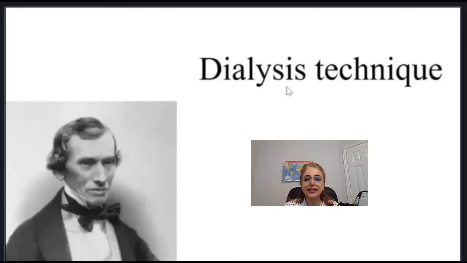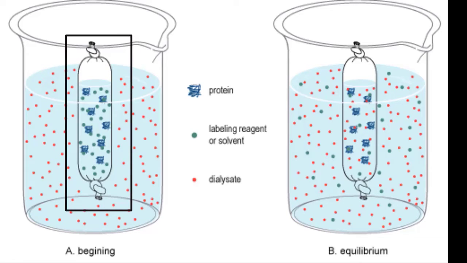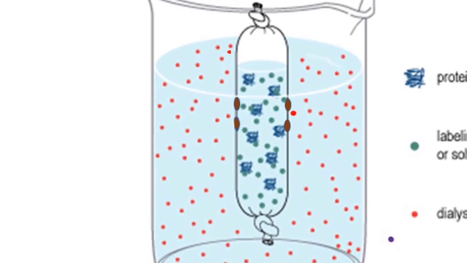The dialysis technique was introduced by Thomas Graham in 1861, and scientists use an artificial cell that is called dialysis tubing for many purposes, such as purifying substances like drugs. It has some macroscopic pores that we cannot see with the naked eye.